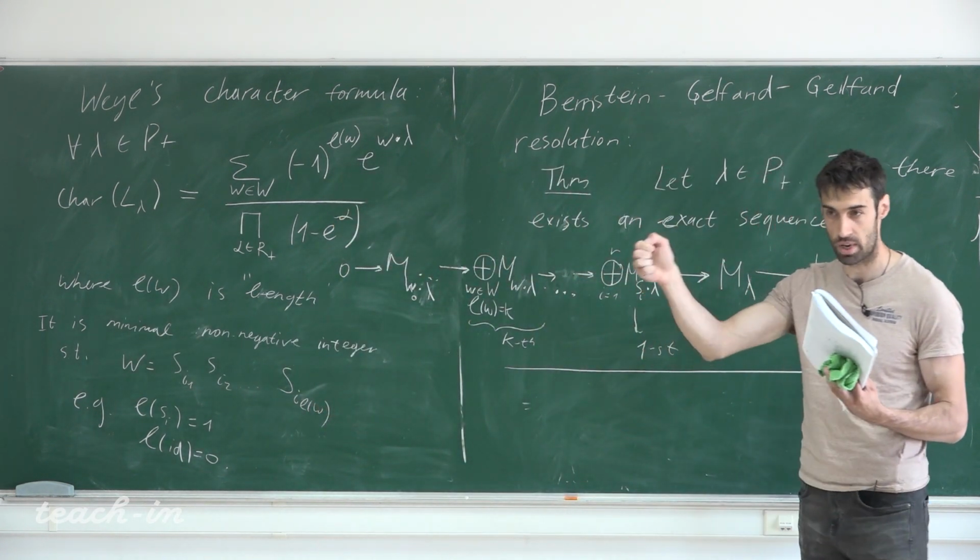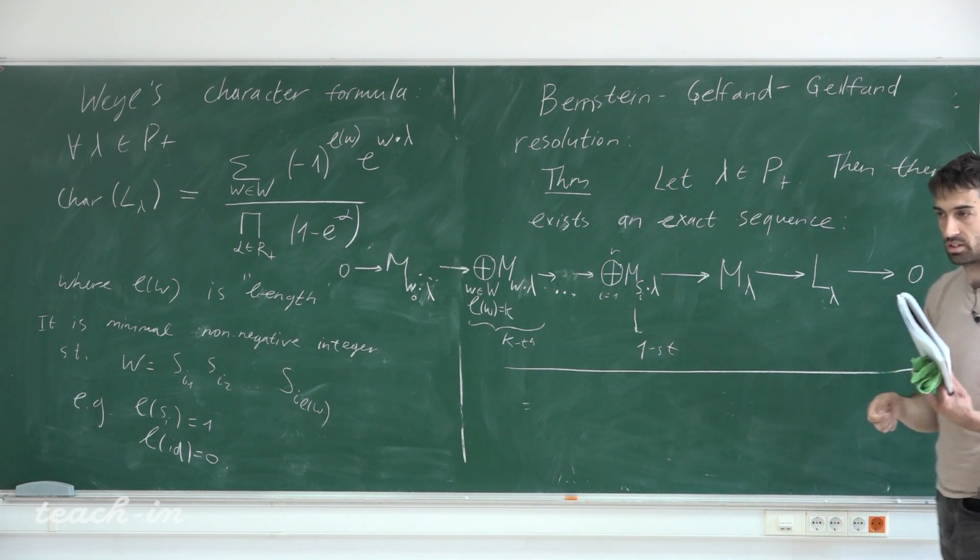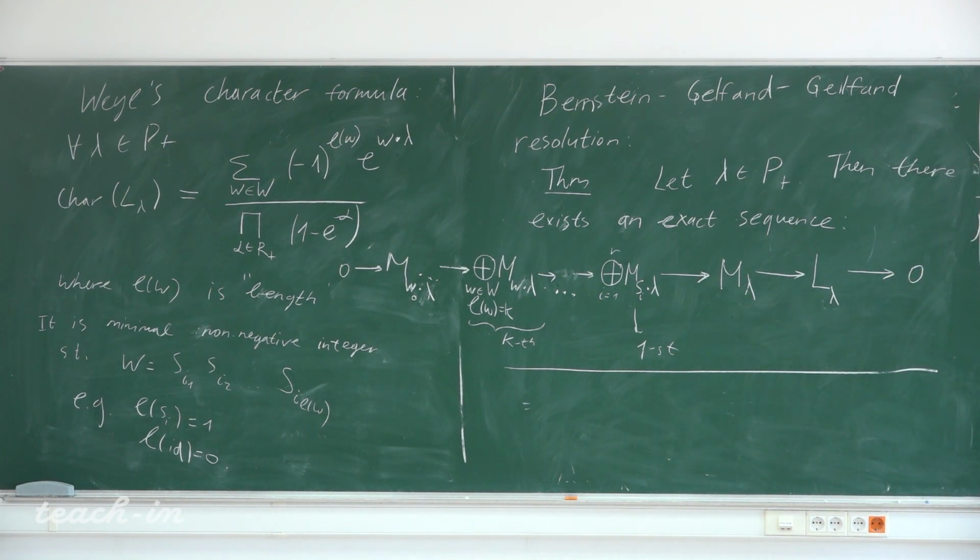It's the only element of maximal length. It actually takes C plus and maps it to negative C plus. So this element takes the highest weight vector to the lowest weight vector. So that's what's going on. All right.